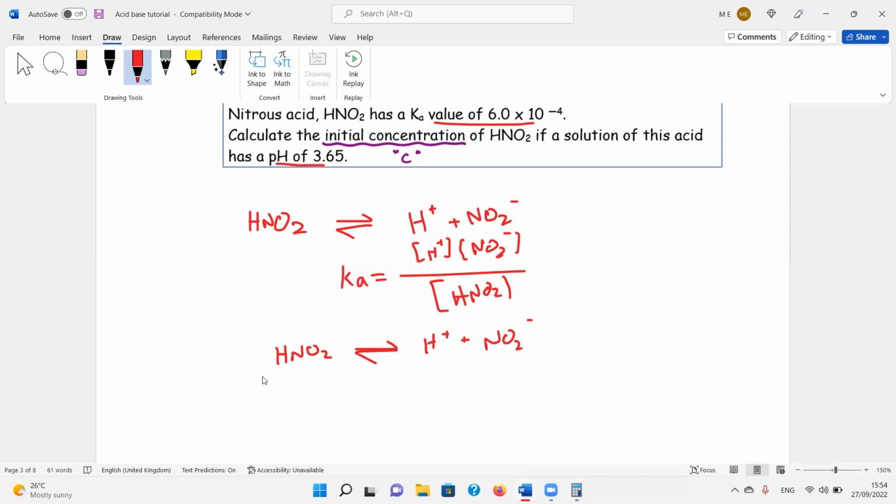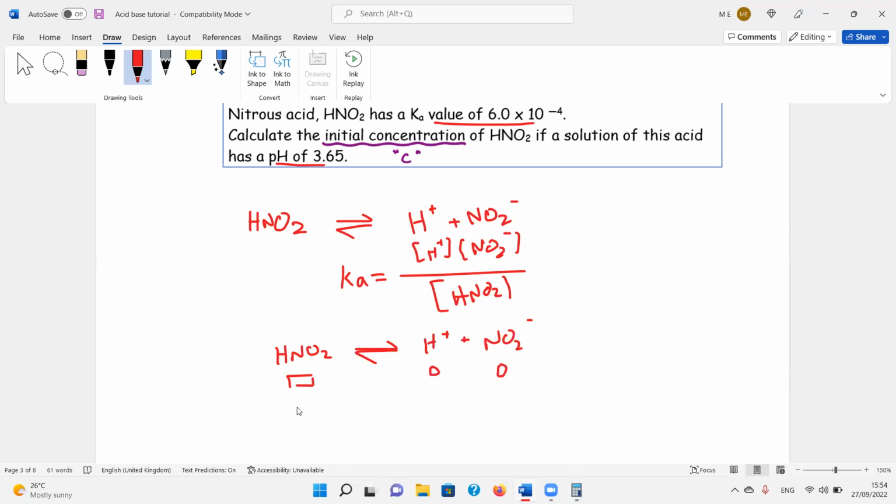Okay, so initially we had an initial concentration that we need, and we are given the pH, so we can find the hydrogen ion. So in this case, you need the initial concentration, and that was 0 and 0.